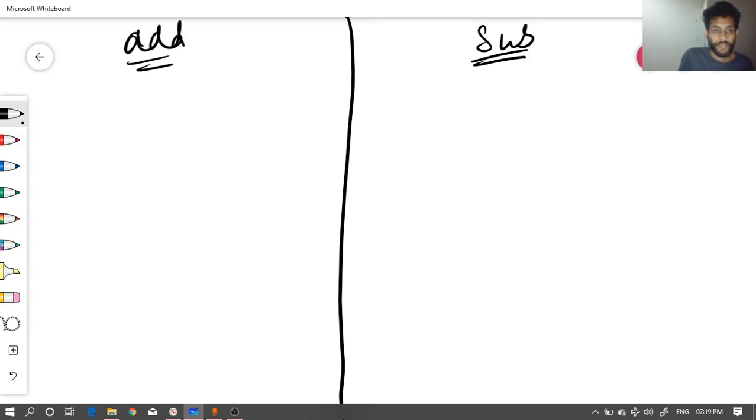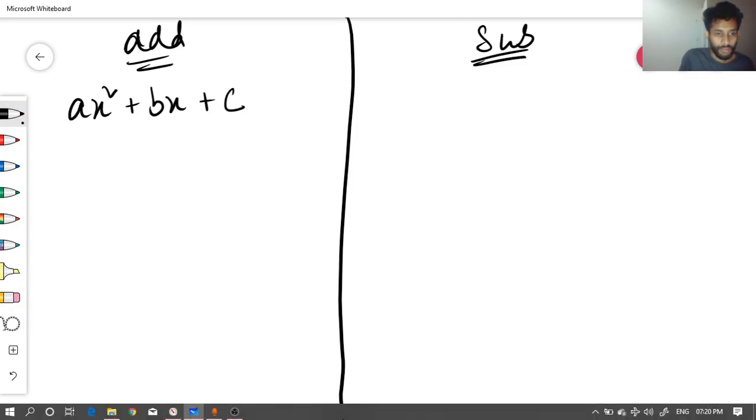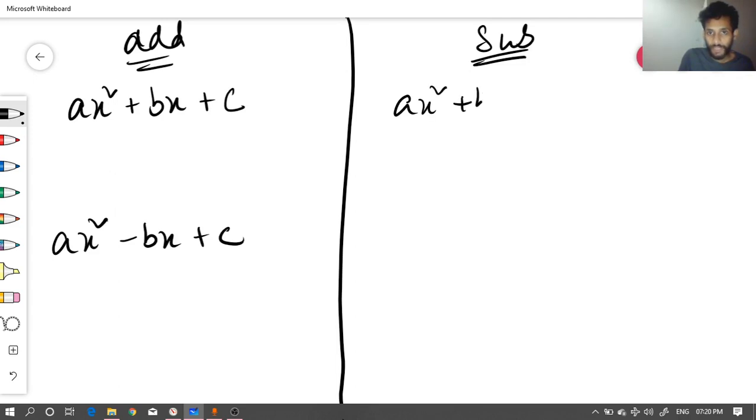In the addition part the format should be ax square plus bx plus c, or ax square minus bx plus c, and in the subtraction part ax square plus bx minus c, and ax square minus bx minus c.